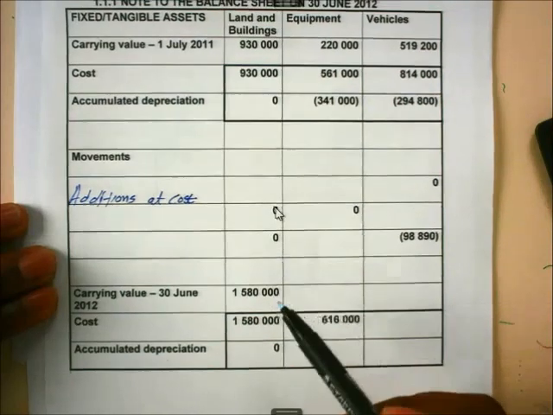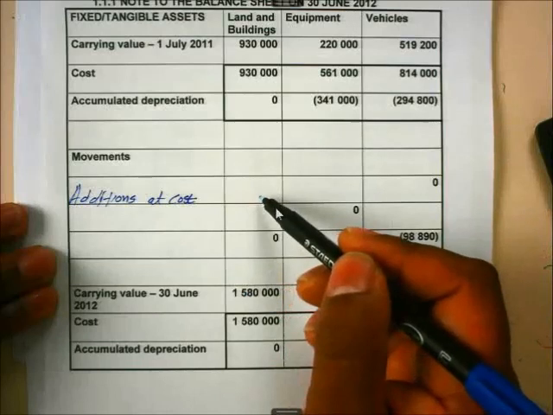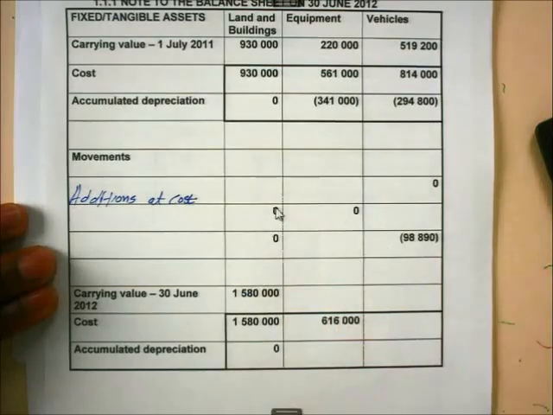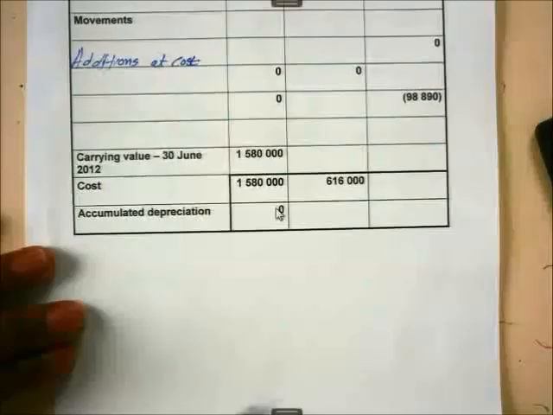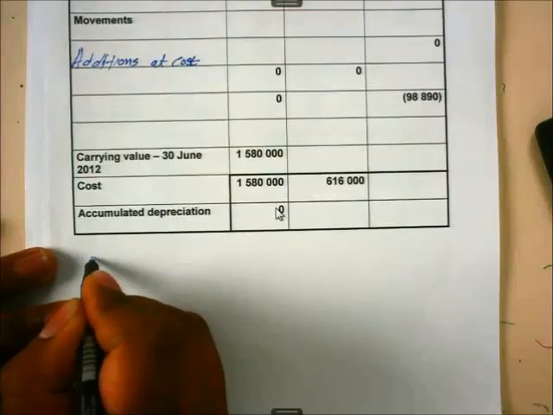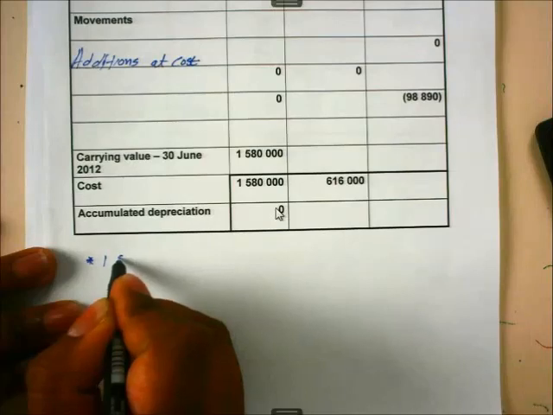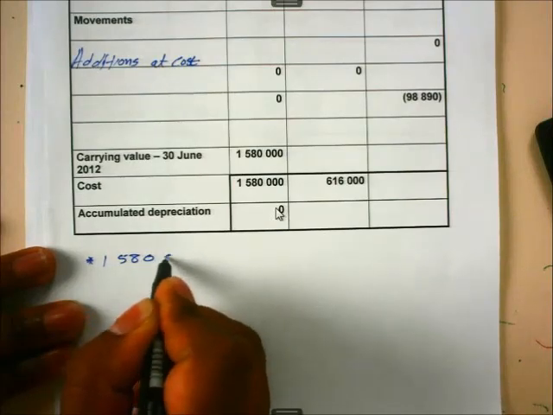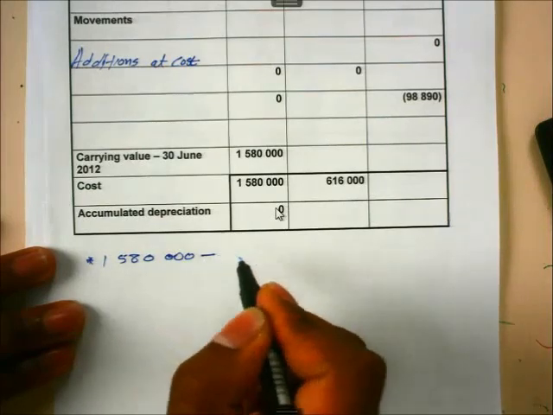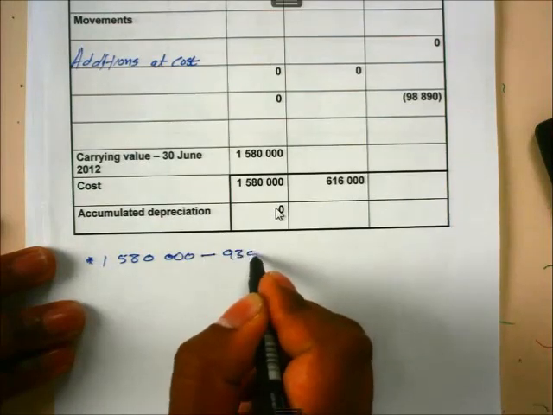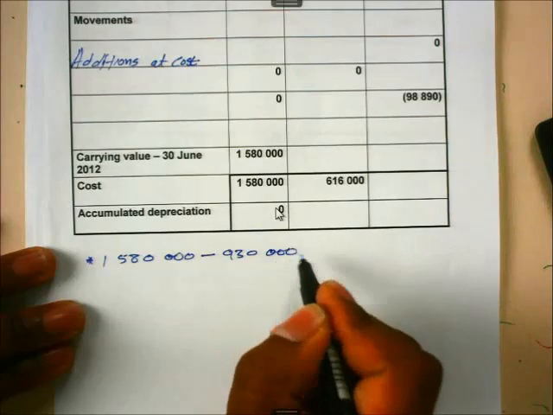Therefore, in order to calculate additions at cost, it's a simple arithmetical calculation. We say land and buildings at end of the year was 1,580,000. And then from that, we subtract the land and buildings at the beginning of the year of 930,000.